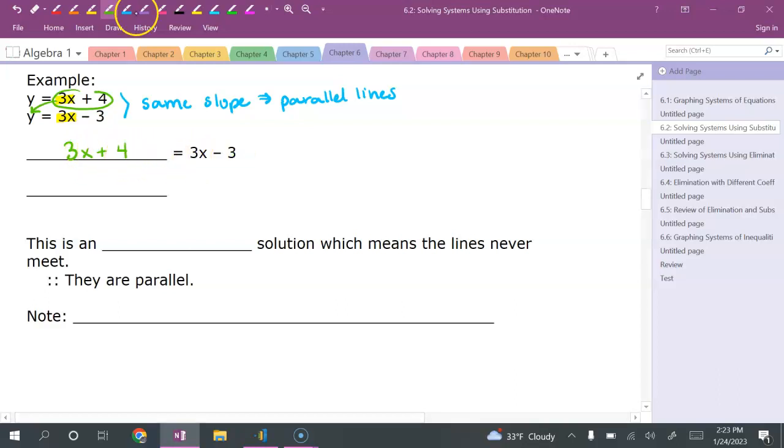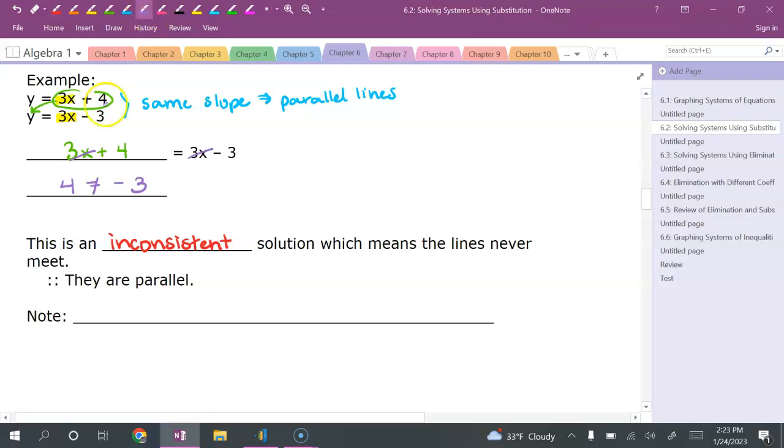Now when I do that, if I try to start solving and try to combine my 3x's together, these are going to eliminate each other out, and I'm going to be left with 4 equal to negative 3, which is not true. 4 and negative 3 are not the same. So this is considered an inconsistent solution, which we saw in section 1, meant that there is no solution because those lines are never going to meet.